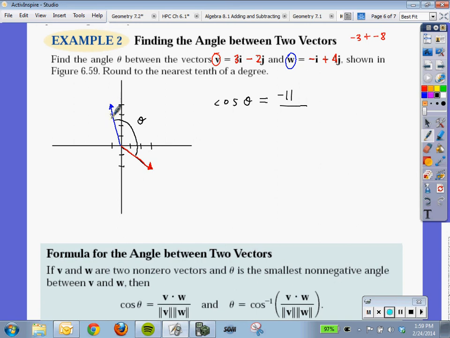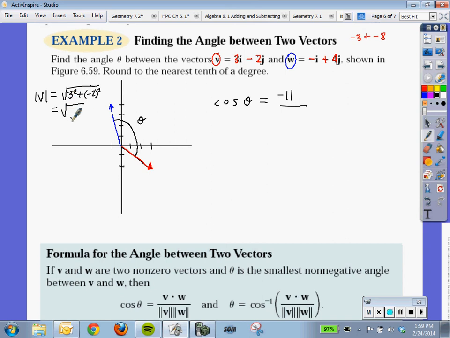Let's think about the right triangle here and the hypotenuse being the vector. So vector V, we got 3 squared plus -2 squared, square root of that.